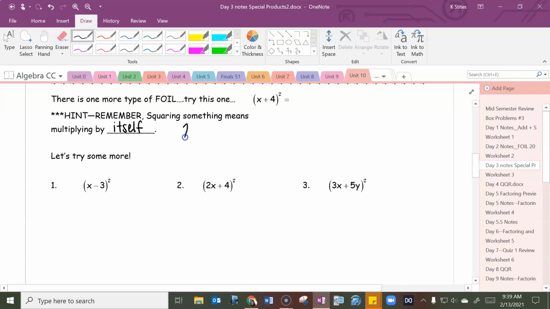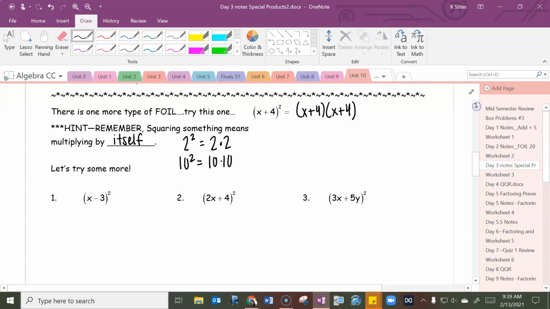All right, so if it's 2 squared, that's 2 times 2. If it's 10 squared, that's 10 times 10. This is x plus 4 squared, so we need to write it as x plus 4 times x plus 4. We are multiplying it by itself. And then we're just going to FOIL like normal.